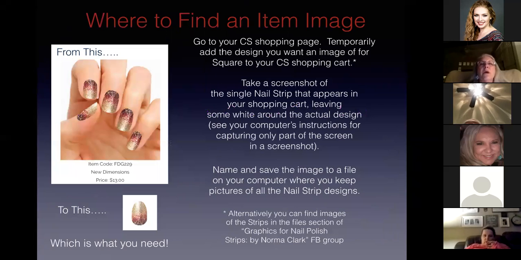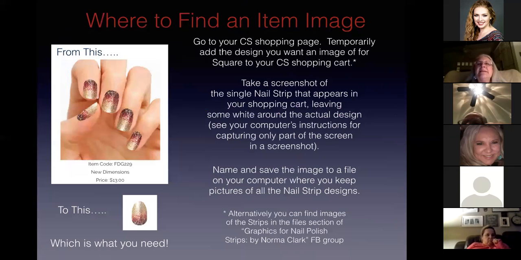So where to find item images? I think this is probably the easiest way to do it, although there are other places to find them. Go to your Color Street shopping page, on your public-facing site, your My Color Street / your number or your business name or your landing site, whatever.